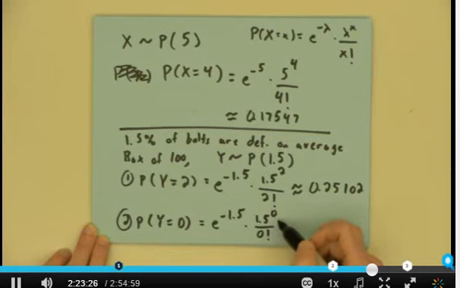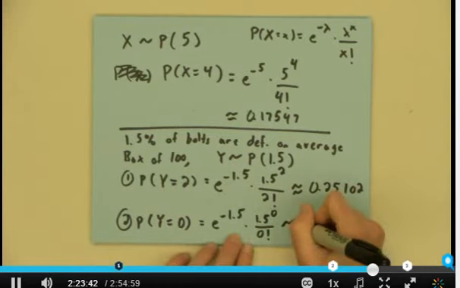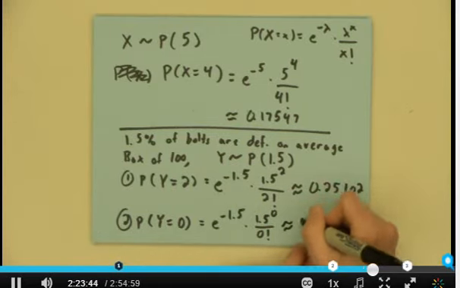If I raise something to the 0th power, I get 1. 0 factorial is also 1. 1 over 1 is 1, and multiplying by 1 does nothing. So all of this is irrelevant. It's just e to the minus 1.5. And what is that? That's where I definitely have to use the calculator.